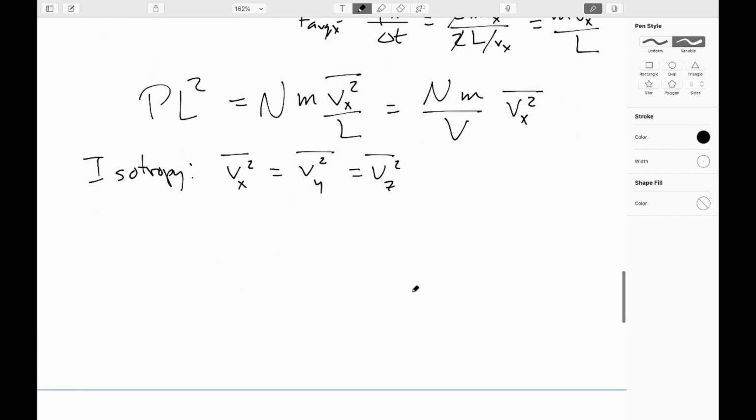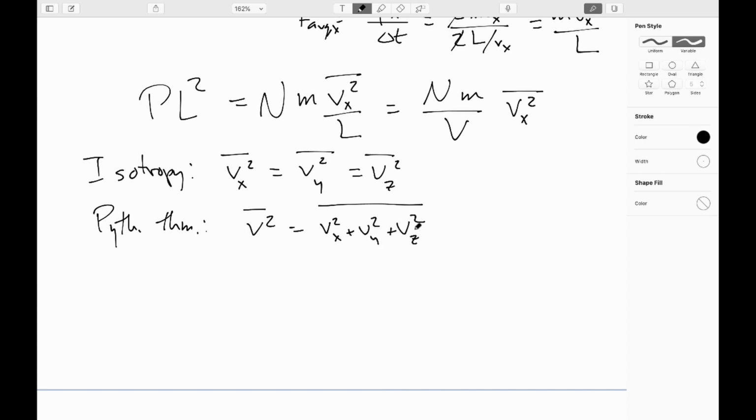But by the Pythagorean theorem, the average value of V squared, just the square of the speed, would be equal to the average value of Vx squared plus Vy squared plus Vz squared.